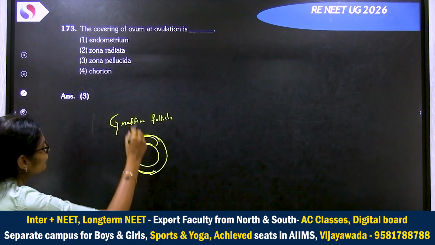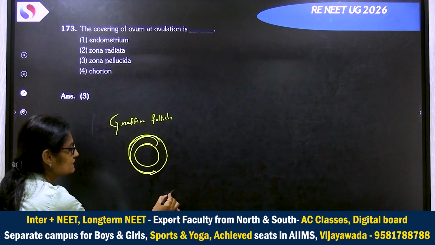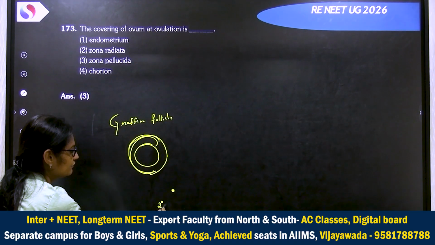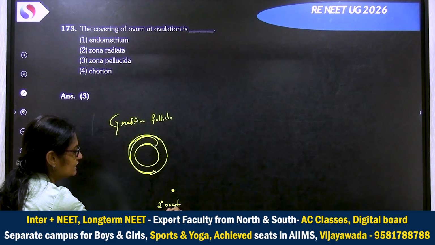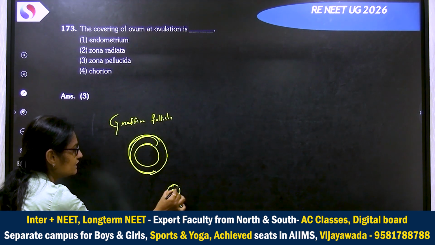At the covering of ovum at the time of ovulation, the secondary oocyte is surrounded with an additional layer.